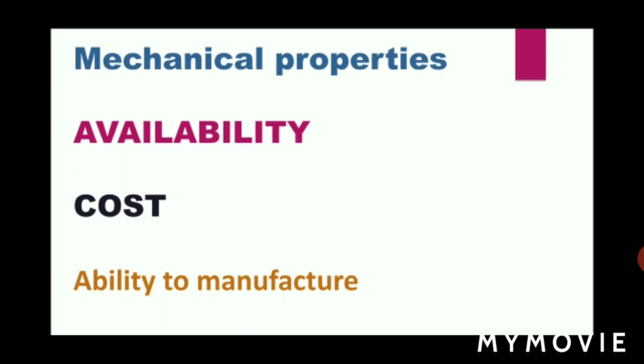What is the type of machine component we are using, what is the actual structure of your machine component, what are the operations performed on your machine component, and what are the forces exerted on your machine component. After studying all those things, then only you come to know what cost you have to invest in your material.